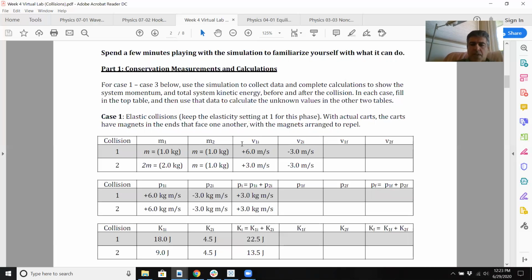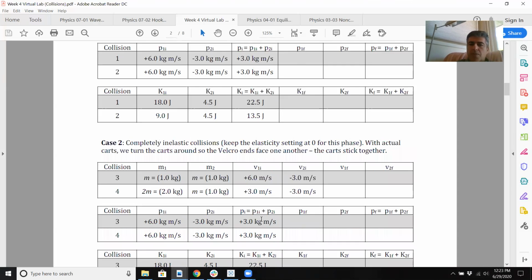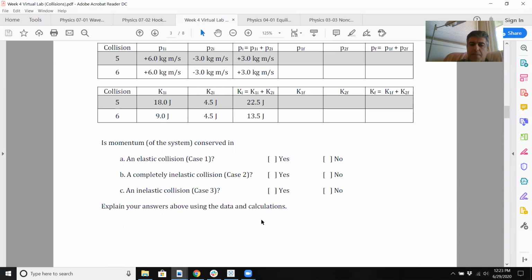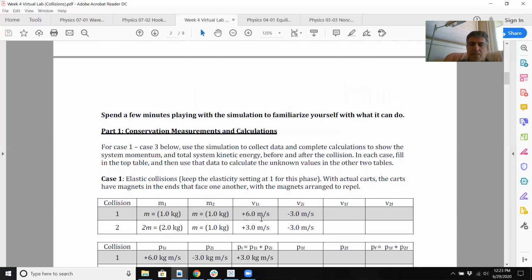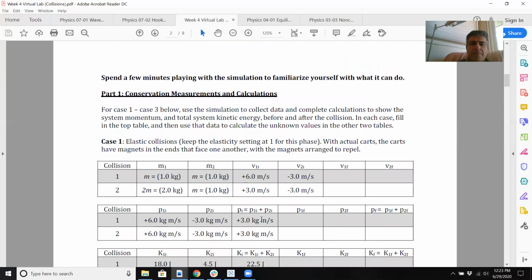So as you imagine, I is going to be before, F is going to be after. And you're collecting velocity values, right? And once you do that, then you can calculate momentum values and the total momentum and do likewise for the kinetic energy. Maybe I'll do case 1 with you guys so you can at least see that in practice, and I'll let you guys draw your conclusions and do the other cases, obviously.